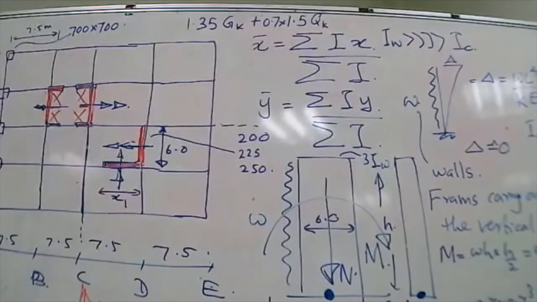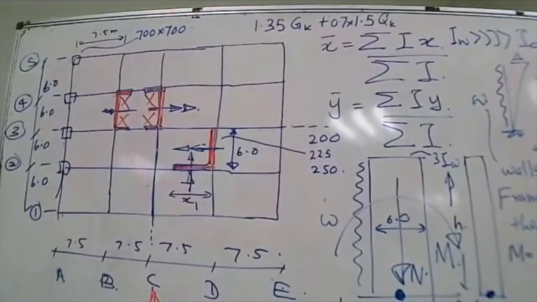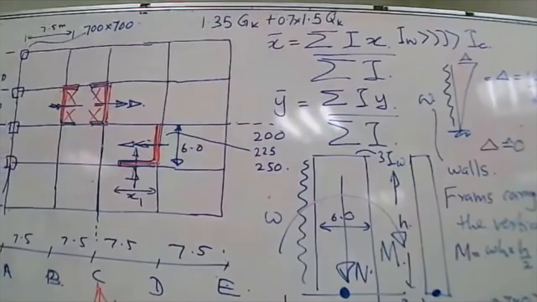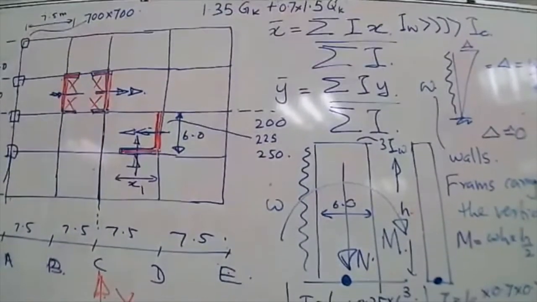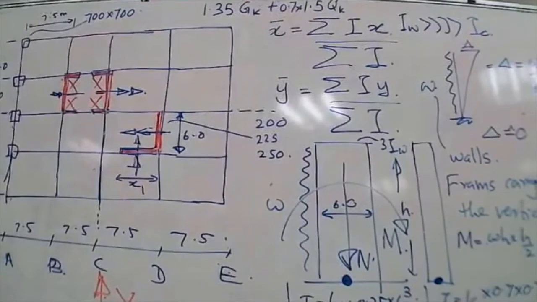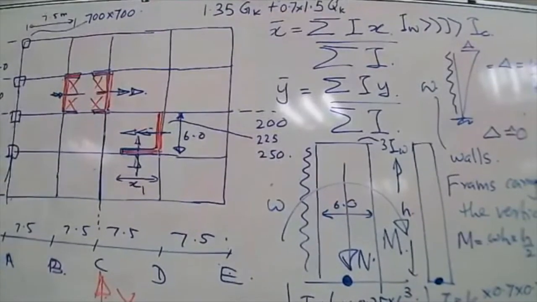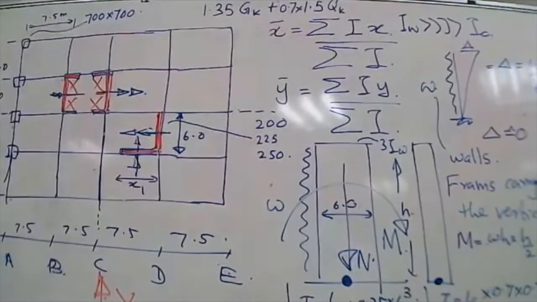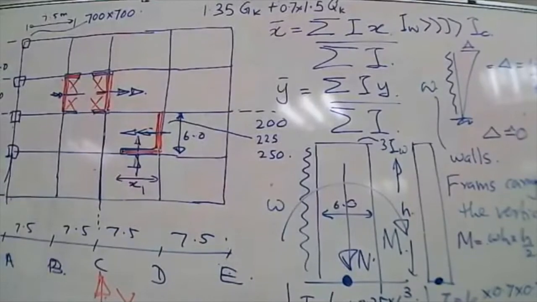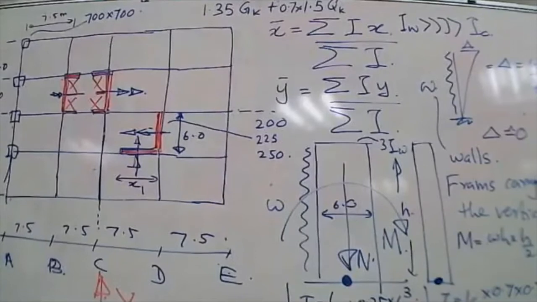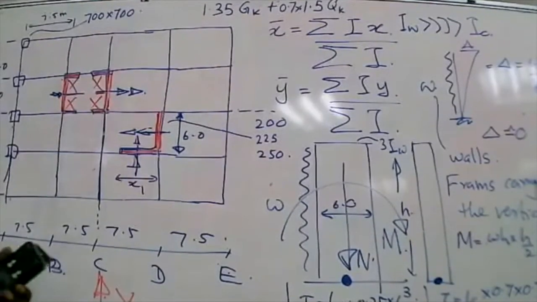So we have combination 1.35 GK plus 0.7 times 1.5 QK, and the wind load is multiplied by 1.5 because wind load is dominant now. But we can have another load combination where the imposed load is dominant. Wind load is 0.5 times 1.5, 50% of wind load plus full live load. That's also possible.